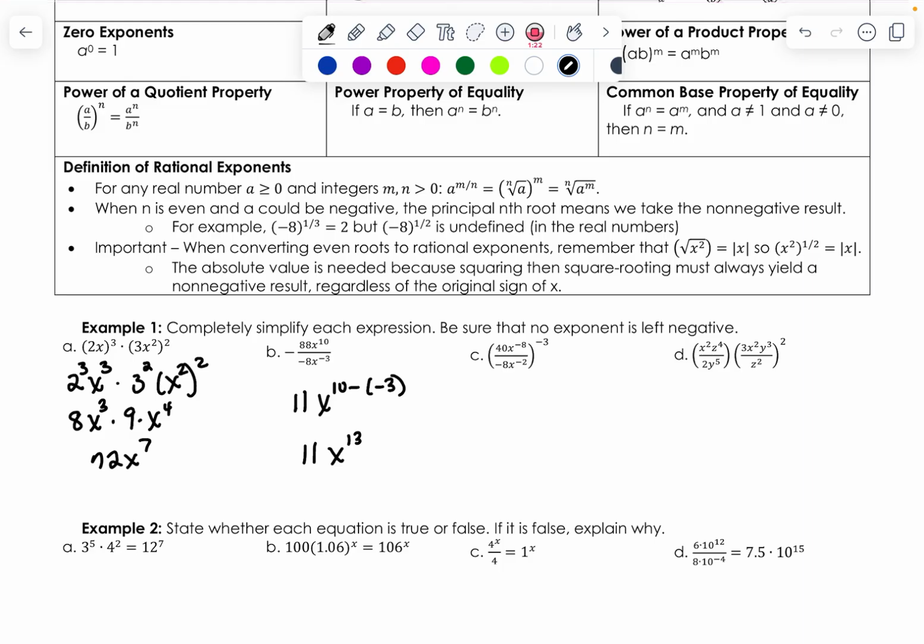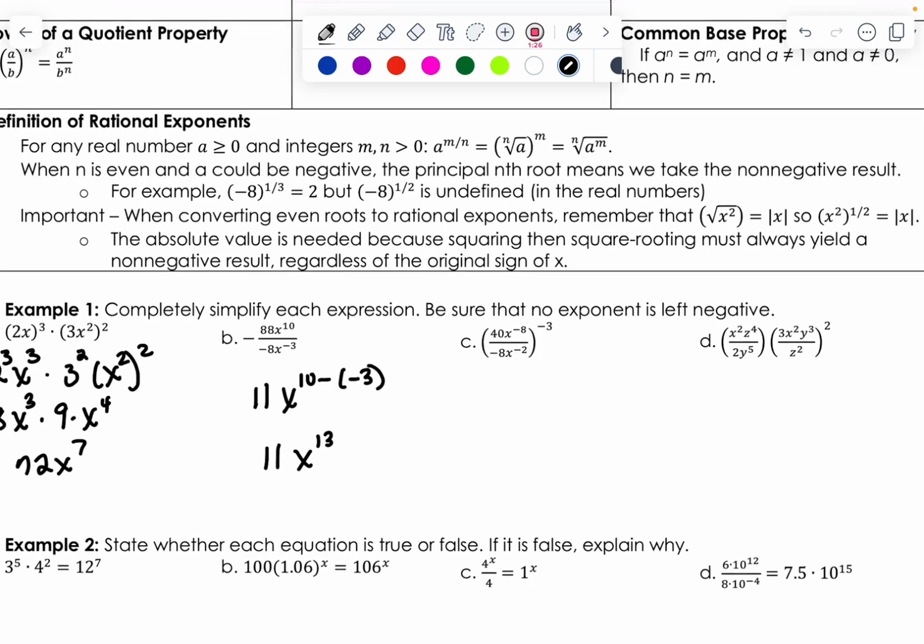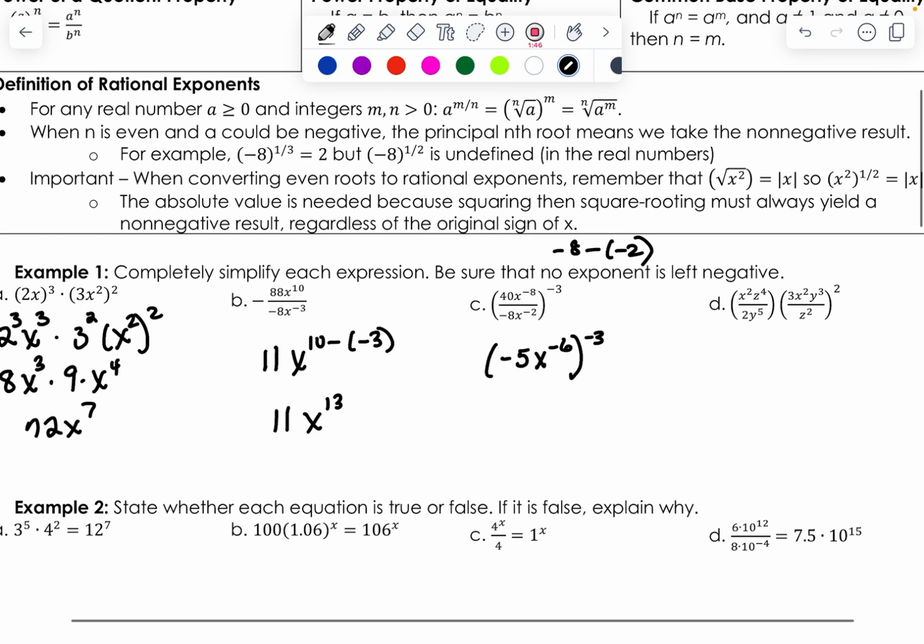Okay, in letter C, there's several different ways you can tackle this one. I personally like to simplify what's inside. So that's negative 5. Now that's going to be x to the negative 6, because that's negative 8 minus a negative 2, okay? So be careful with that.